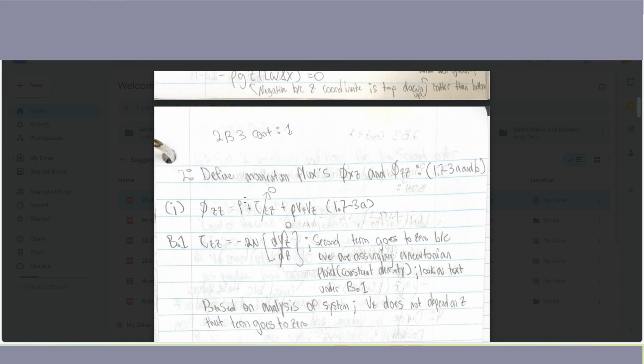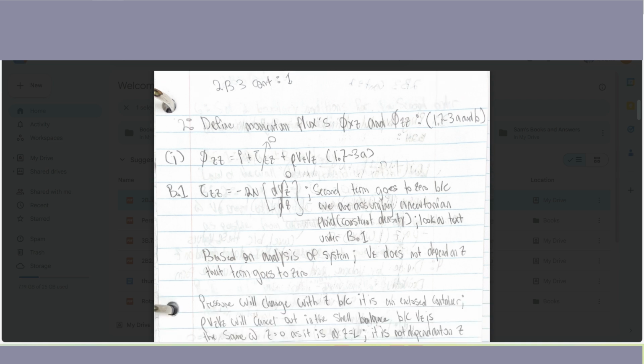So momentum in the ZZ direction is pressure plus tau ZZ plus rho VZ VZ.